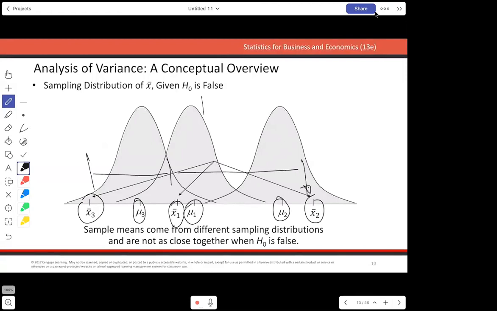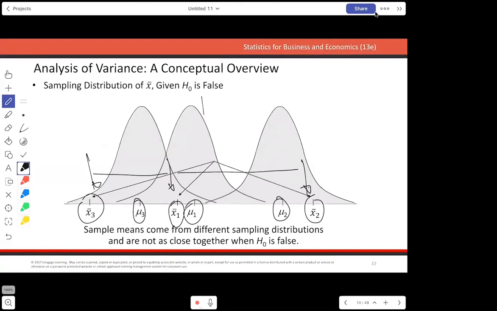Right? So now, if they're spread out like this, there's a pretty good chance that they did not come from the same population. Because if they came from the same population, the means should be a lot closer.